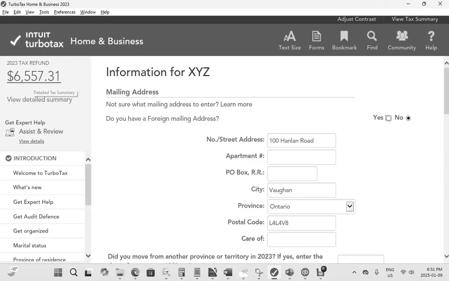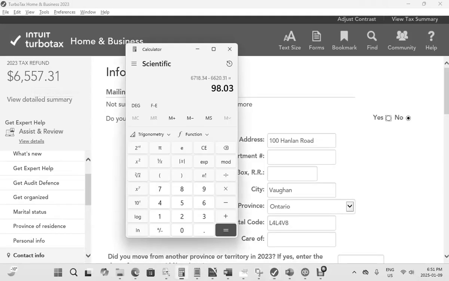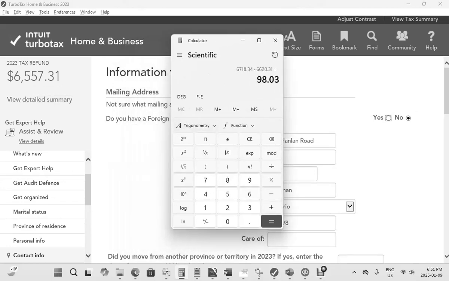Notice the tax refund, a difference of $63. So if your opening inventory is zero, you'll end up with $63 less as part of your tax refund.